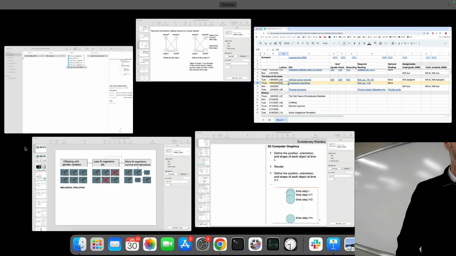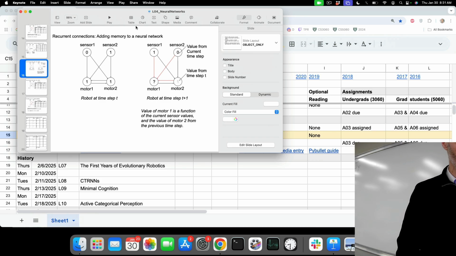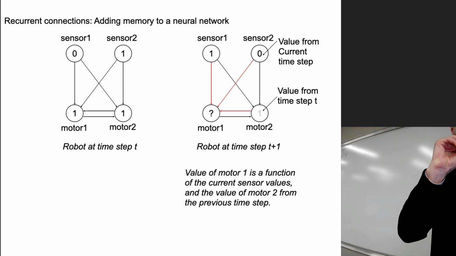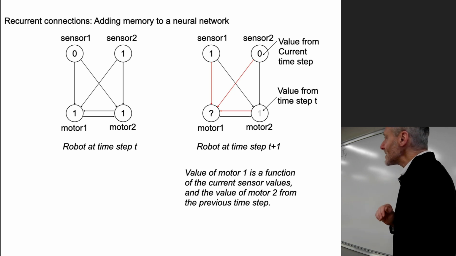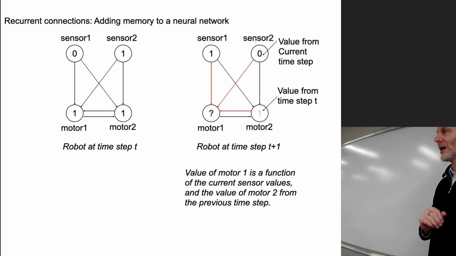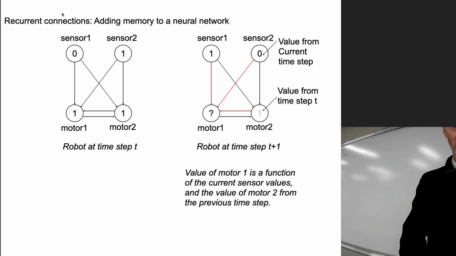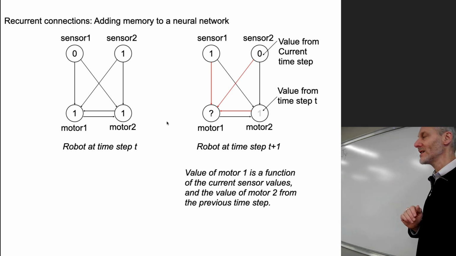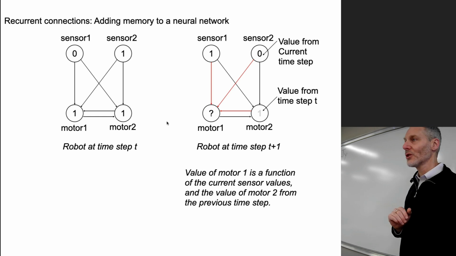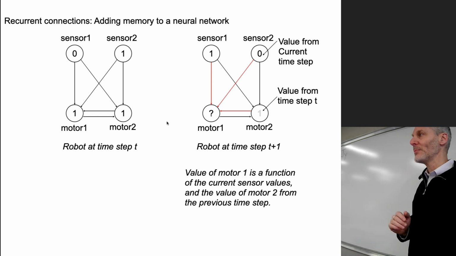Okay. So back to lecture 4 for just a few minutes. We ended last time by looking at some details of artificial neural networks that are relevant for robotics, and we finished with recurrent connections. Recurrent connections are a particular kind of synapse that exists within artificial neural networks, and they confer a particular function on artificial neural networks, which is the ability to remember.